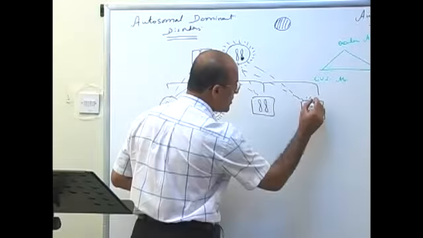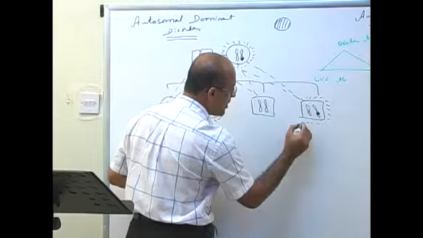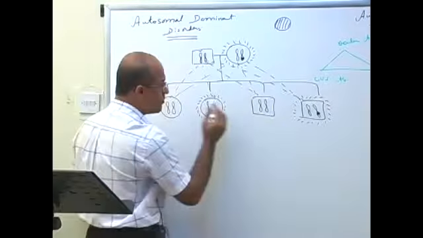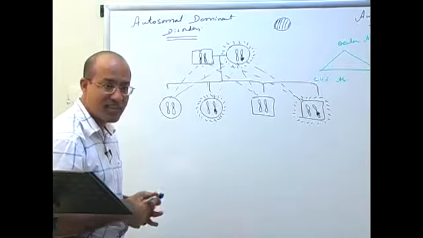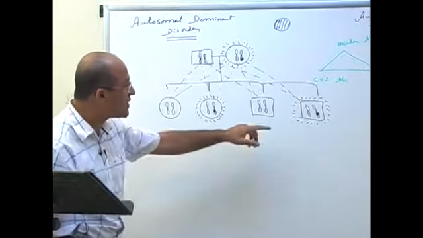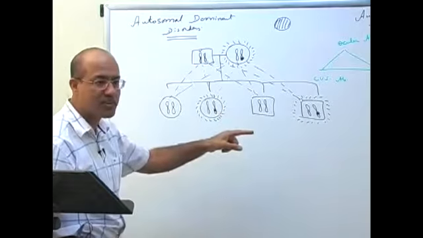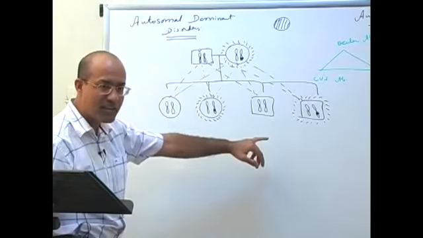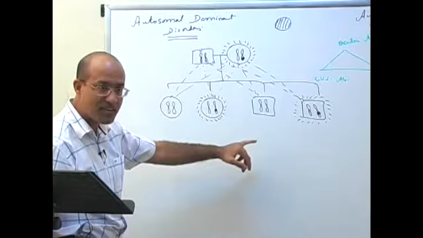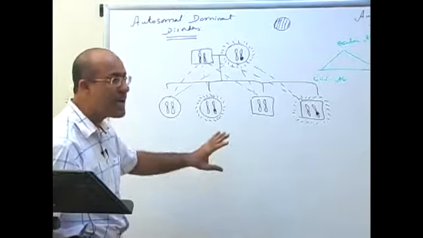Now we can see one thing here, that out of these four, two combinations are resulting into disease, right? So what are the probability to produce disease in the offspring? 50%. Is that clear?